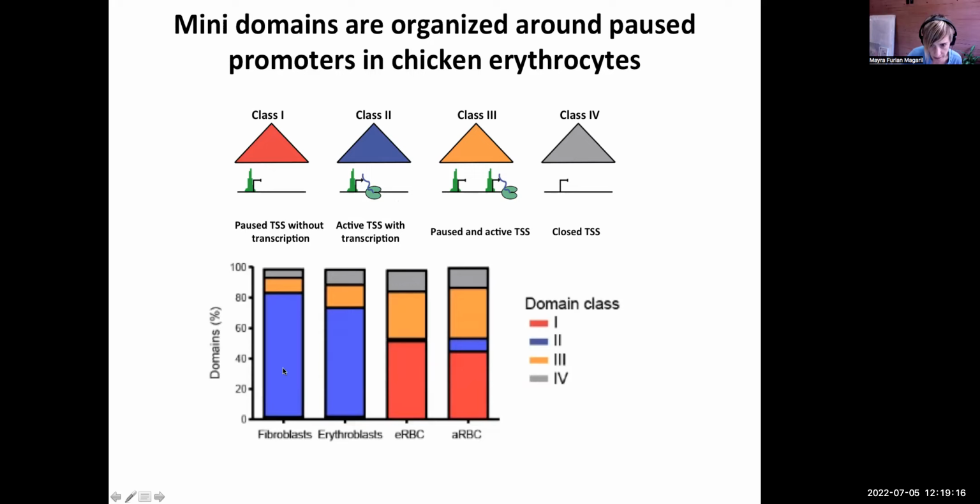And as you can see here, in the red blood cells, as I mentioned, the majority of the mini structures correspond to class 1 and class 3 domains, so that mostly these domains are organized around poised promoters in this genome, which is very different from what we can see in an erythroblast, in which the more common domains are structured around active genes.